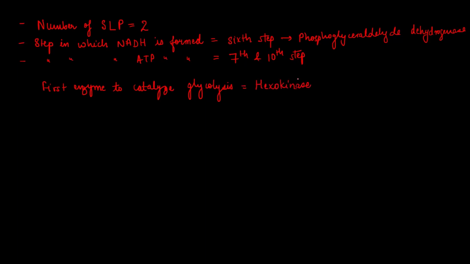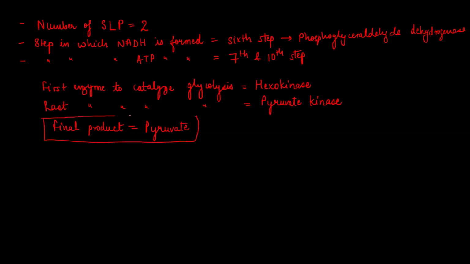And the last enzyme to catalyze glycolysis is pyruvate kinase. Now, what is the final product that is formed? The final product of glycolysis is pyruvate, right?